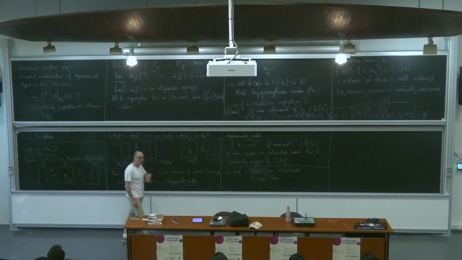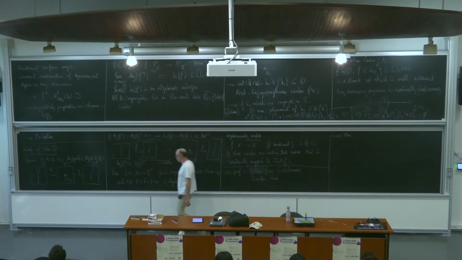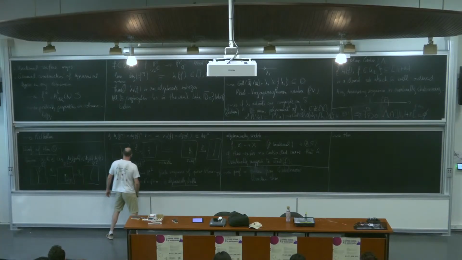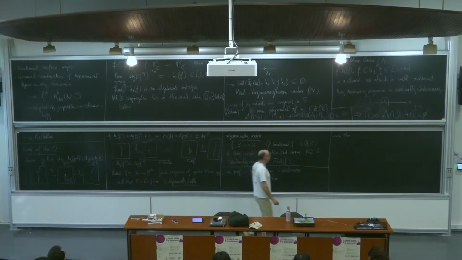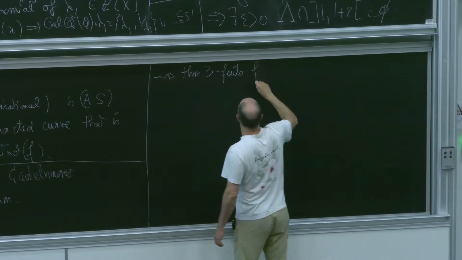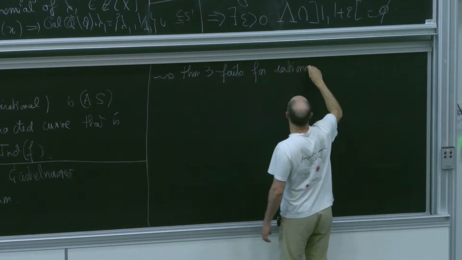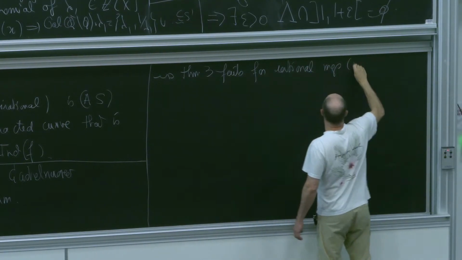It completely collapses for any other kind of map. So it's not the theorem, let me call it 2 or 3, fails. It fails for rational maps, let's say non-invertible.